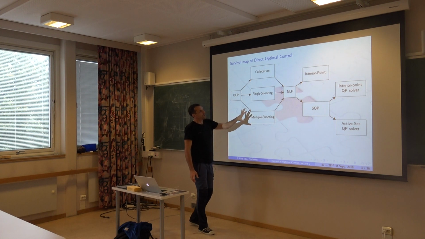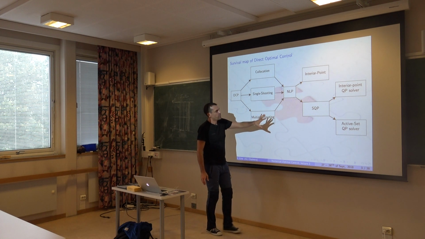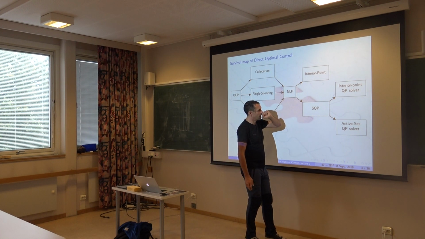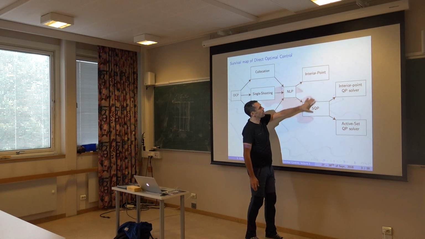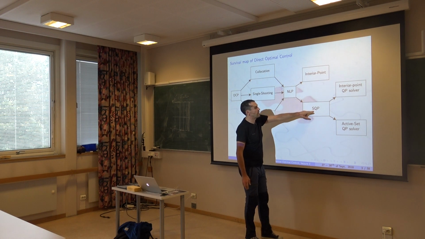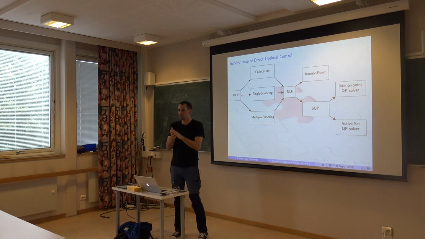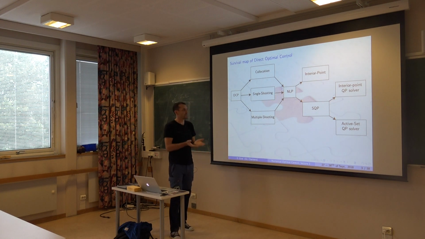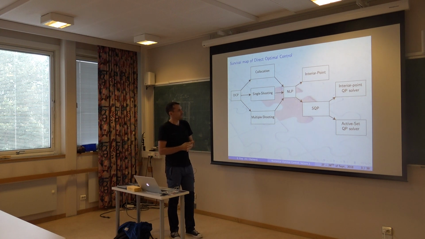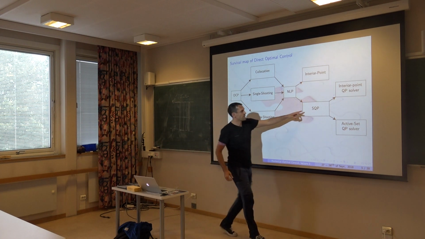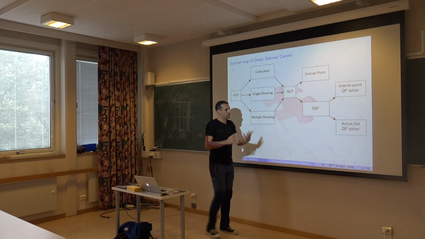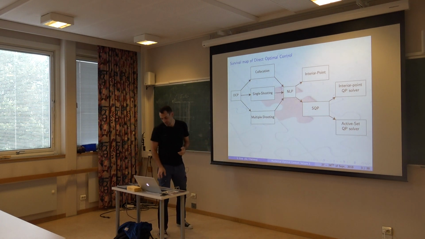It's not very clear where I should put the KKT conditions in this map, but essentially what happens is that when you call one of these methods to solve the NLP, these methods will essentially try to solve the KKT conditions. It's a bunch of algebraic equations that you're trying to solve. And when these methods struggle, it's often because the KKT conditions are a bit badly posed.